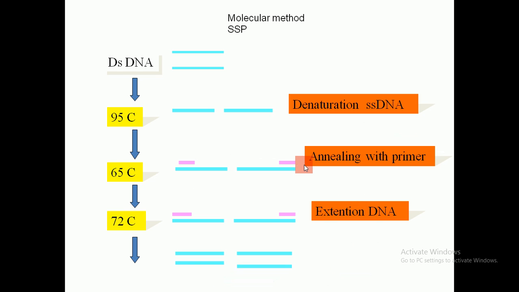And here we end with 2 copies, and this process will be repeated 30 times. The PCR machine repeats this 30 times. So we start with a single copy of double-stranded DNA and end with multiple copies of the double-stranded DNA.